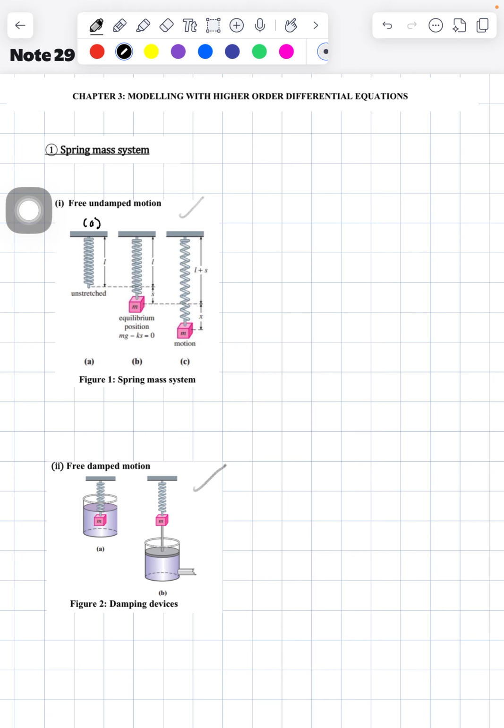From Hooke's law, the restoring force Fs equals Ks, where K is the spring constant and S is the elongation.